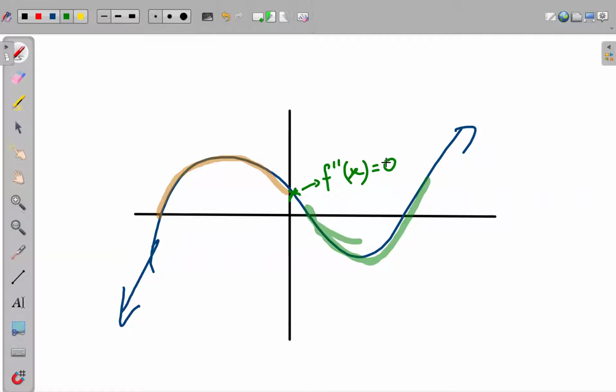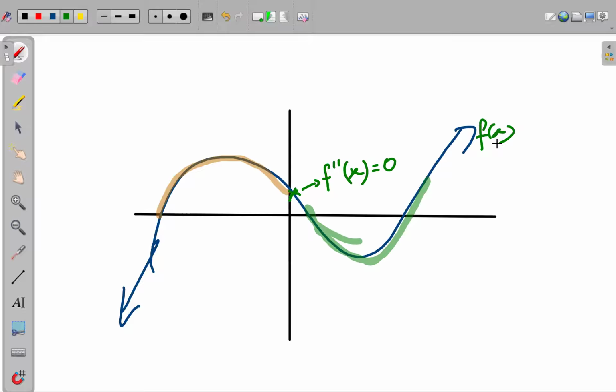That x value becomes the x coordinate of the point of inflection. For us to then find the y value of the point of inflection, we will substitute that x value into whatever the equation of f is.